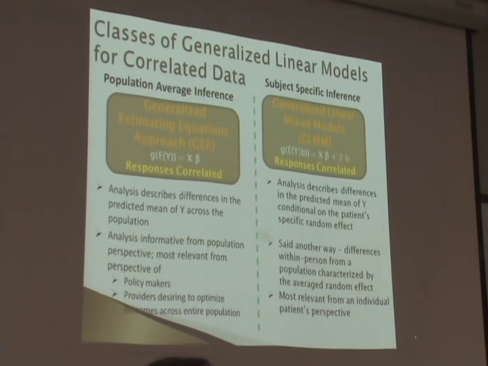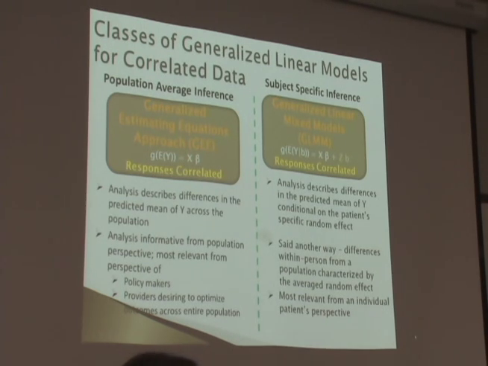In terms of mixed models, it's a subject-specific inference. So the analysis describes differences in the predicted mean of y conditional on the patient-specific random effect. Said another way, these are differences within person from a population characterized by the averaged random effect. So it's the averaged within person effect.